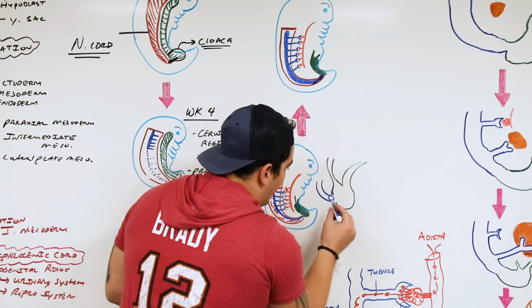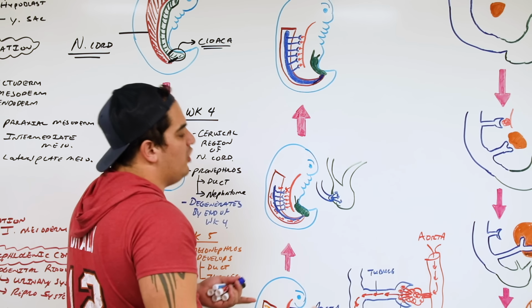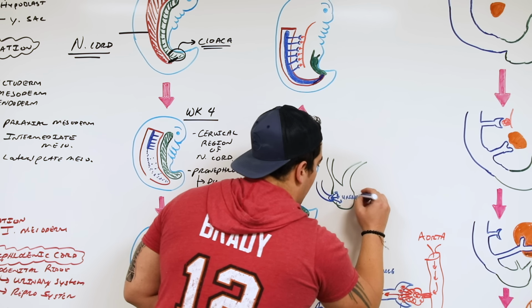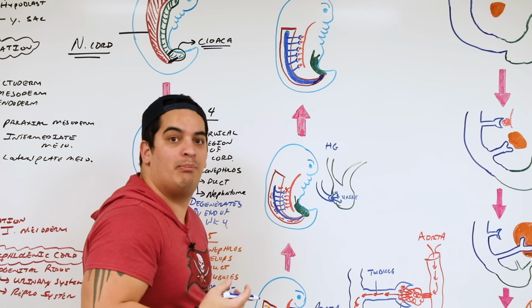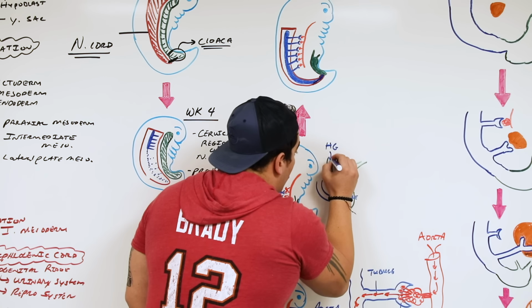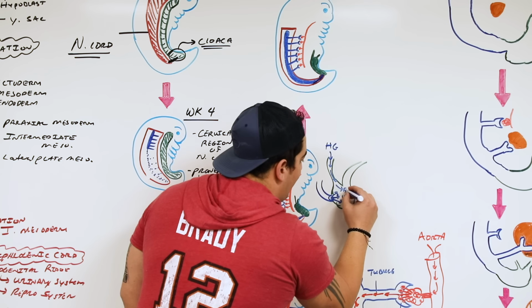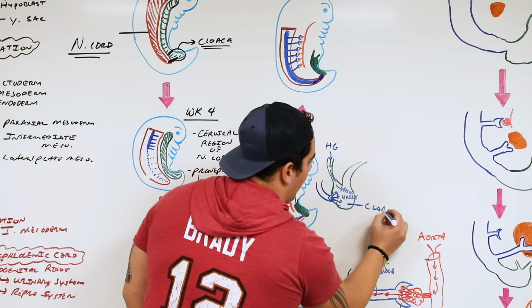This mesonephric duct is emptying in this primitive urine, right? So it's dumping in urine here. But coming here is your hindgut. What's the hindgut making? Poo-poo. And that is coming down and emptying into the cloaca. So now you have feces and urine coming into this cloaca.